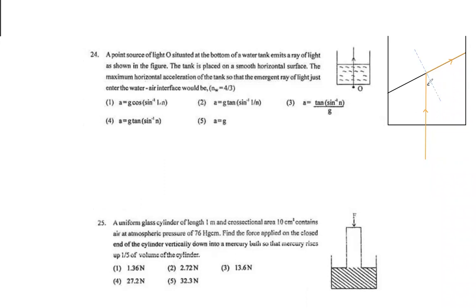This angle has to be C, the critical angle, so that this will be 90. If that is C, this angle is 90 minus C, agreed? Because this whole thing is 90. So this angle is also C. Now I think it's better. And for something like this to take place, the beaker should accelerate in this direction.